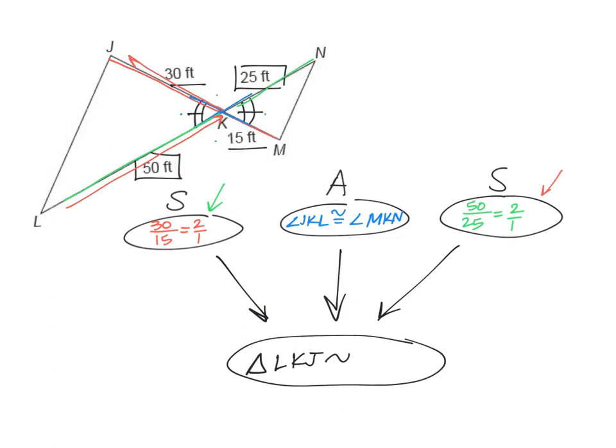So on my second one, I'm going to want to go in that corresponding order. So the long side to the angle to the shorter side. So that would be triangle NKM. And again, those are similar by side-angle-side similarity.